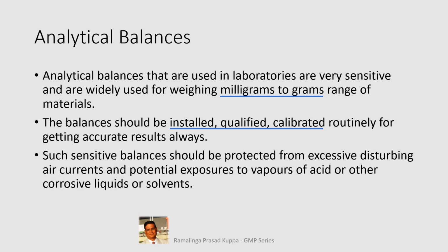Such sensitive balances should be protected from excessive disturbing air currents and potential exposure to vapors of acid or other corrosive liquids or solvents. Strong excessive winds can disturb the accurate functioning of the balance. Exposure to acid vapors or other corrosive liquids or solvent vapors can rust the balance adversely.